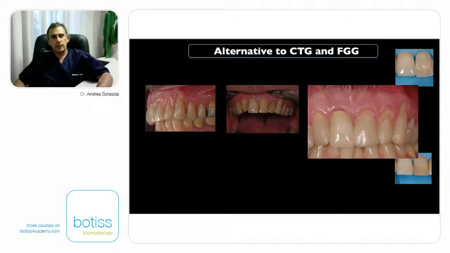For example, this clinical case of a 50-year-old patient came to my attention for his compromised situation from a reconstructive and gingival point of view.